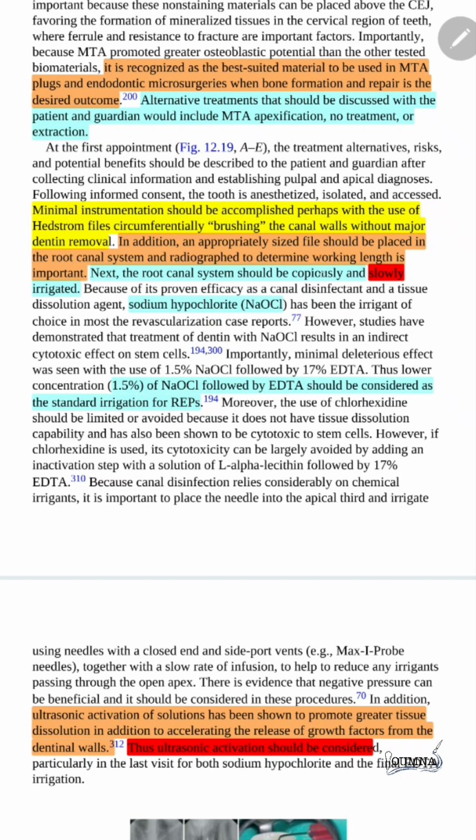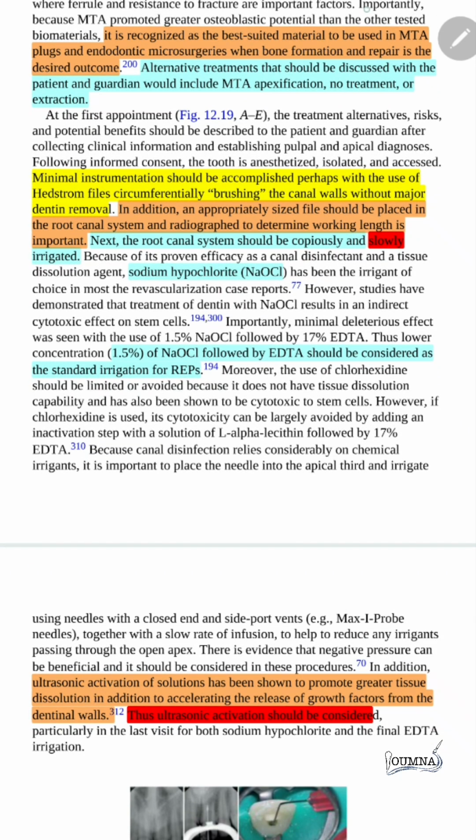The irrigation must be copious but slowly, and our final rinse must be an EDTA, because we said that it is beneficial in preserving the stem cells, and in inducing the growth factors that are present in the dentinal tubules.